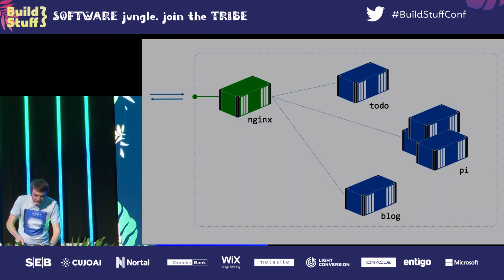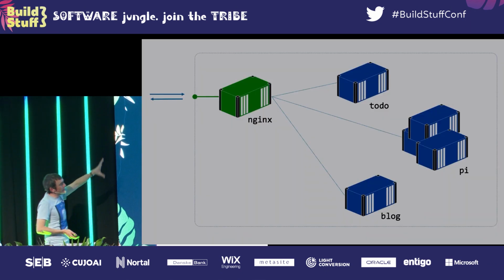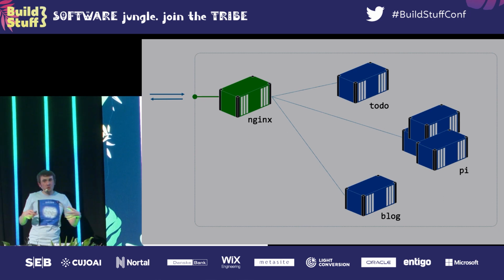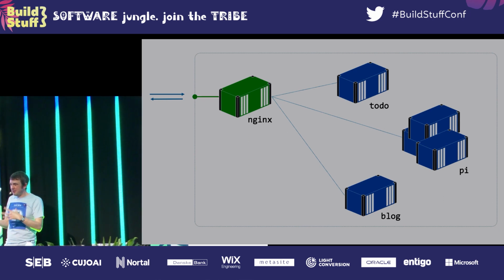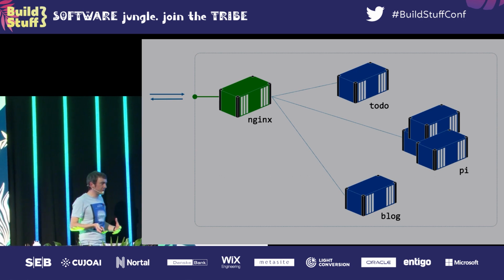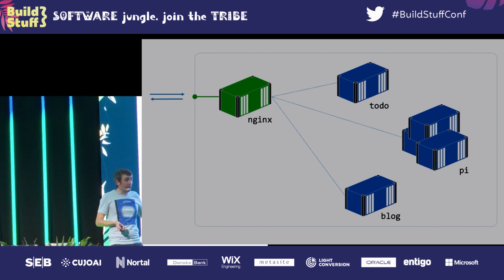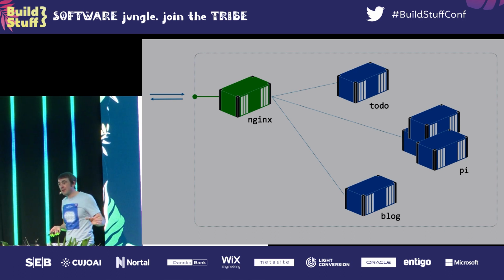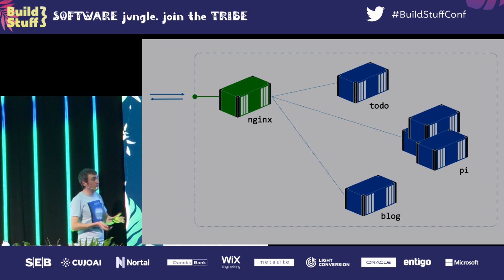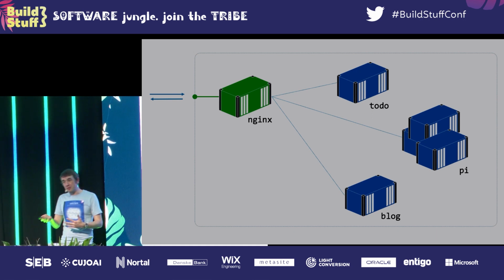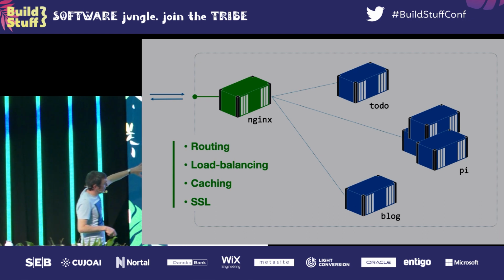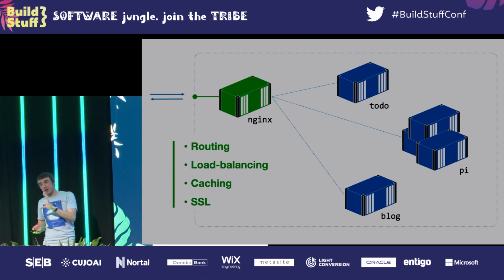So the Nginx stuff is interesting because it fits in really nicely with this sort of model. All the features that I've demonstrated, they're all pretty straightforward. I mean, the Nginx configuration syntax is a bit clunky, and it takes a little bit of getting used to, but it's quite an old technology, and there's stacks of good content out there about how to make the particular configuration that you want work. So when you take it on board, actually, there's a lot of resources behind you. All the stuff I've shown, routing, load balancing, caching, SSL, all in that one configuration file.